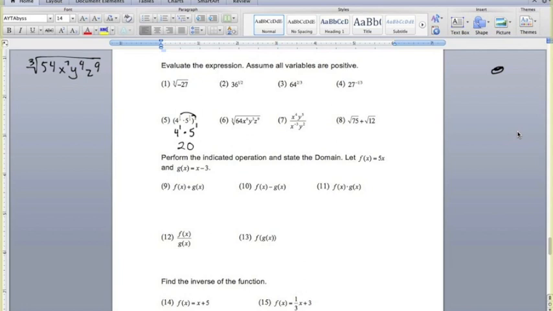Then the next perfect cube would be 3 times 3 times 3, which is 27, which does go in there. 27 times 2. So then the cubed root of 27 is 3. So that's going to become a nice clean number, and that'll go all the way on the outside of this thing. That 2, there's nothing we can do about that, so that's going to stay on the inside of the root.